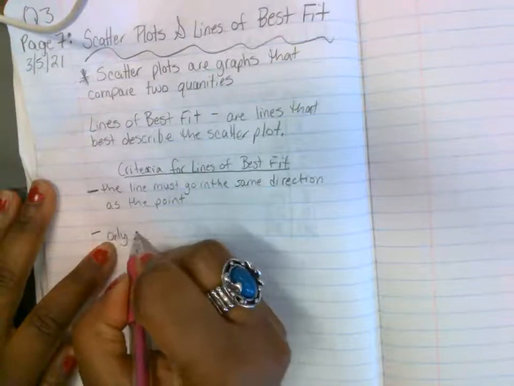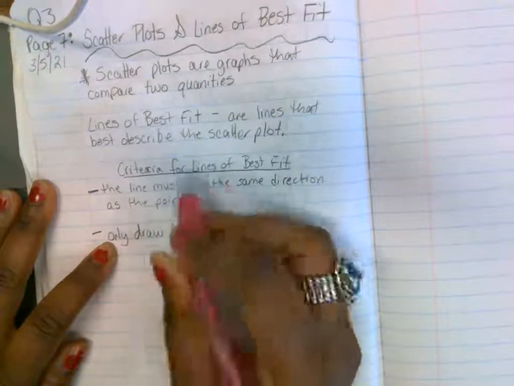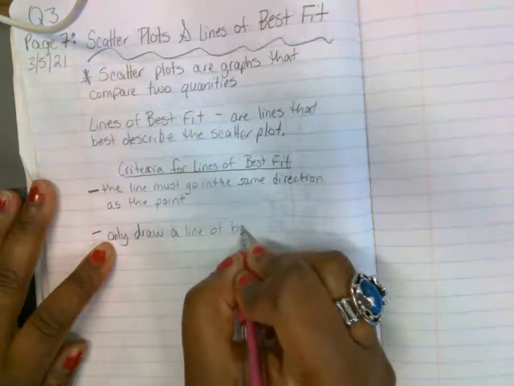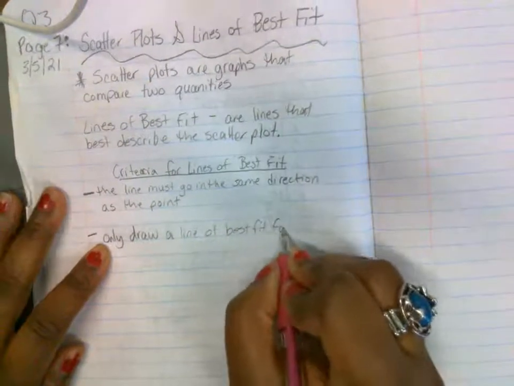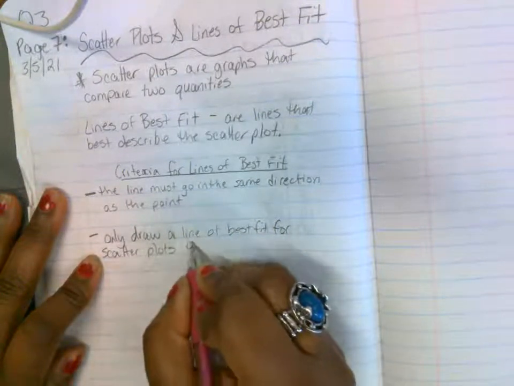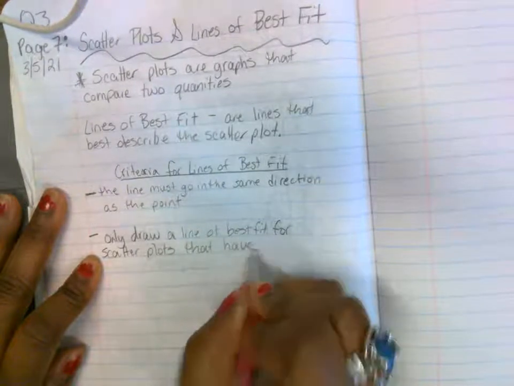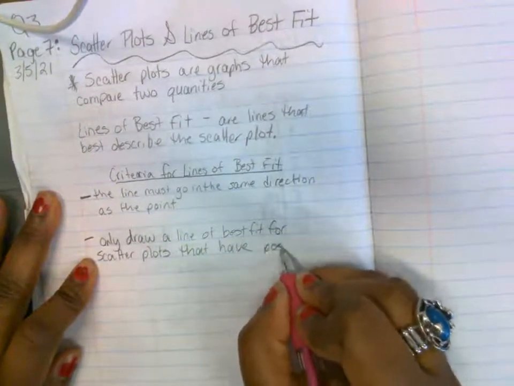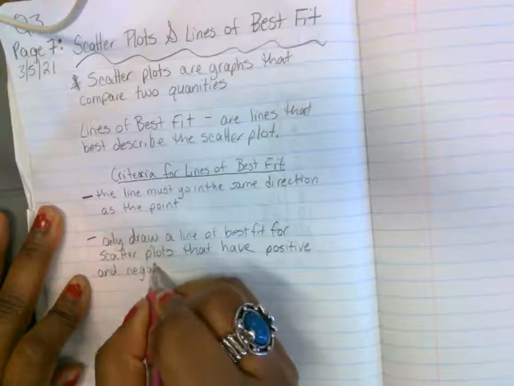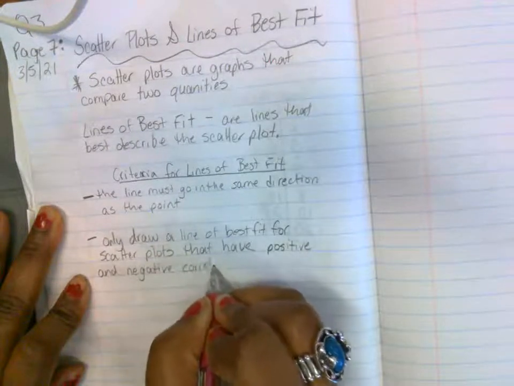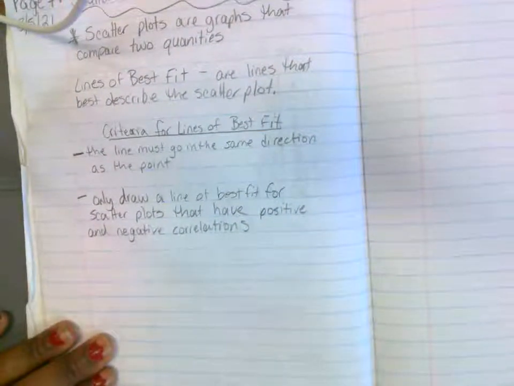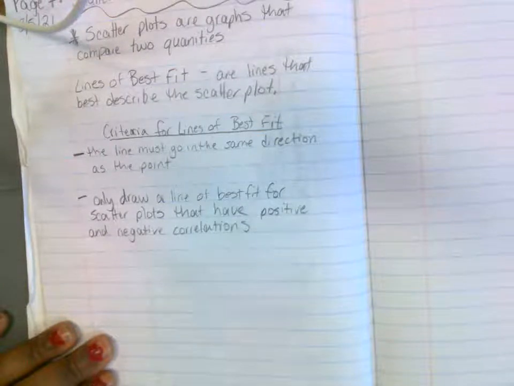Only draw a line of best fit for scatter plots that have positive and negative correlations. Okay?